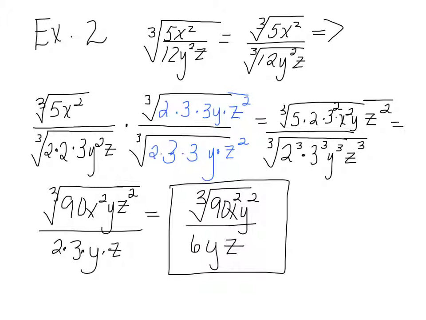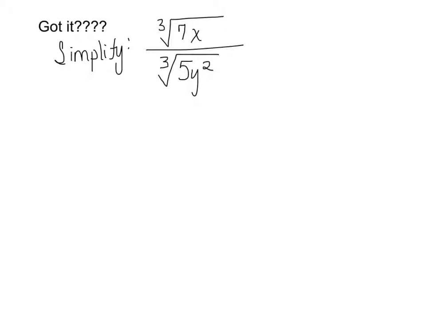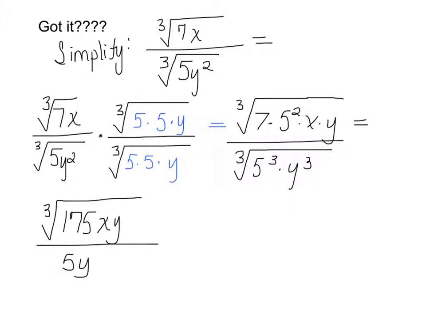Now I'm going to give you one to try to make sure you understand it. Okay, I want you to simplify this problem, and then we'll check our answers. Okay, so I looked at the denominator and noticed I only have 1 5, so I needed 2 more 5's, and I had 2 y's, so I needed 1 more y to make cubes.